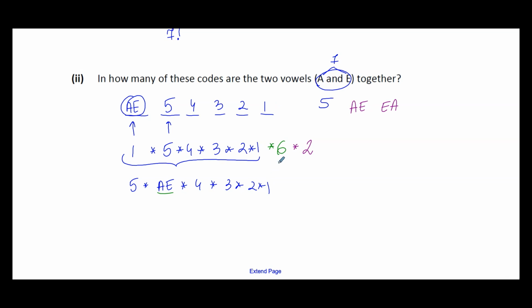Then I am saying that AE in itself can move, and so can every other letter. And then at last, that can as well have 2 options. That's the reason why there are so many numbers multiplied by each other. And again, when we put that in the calculator, we get 1,440.